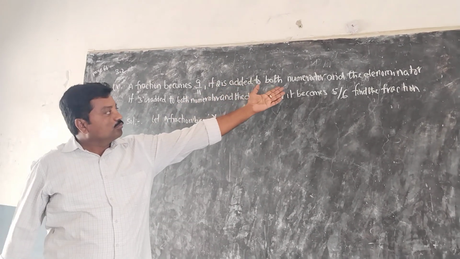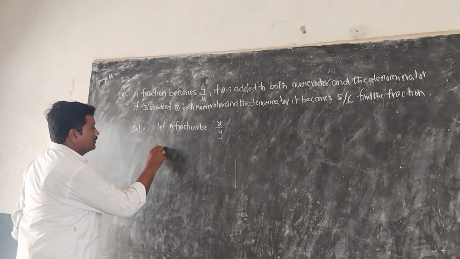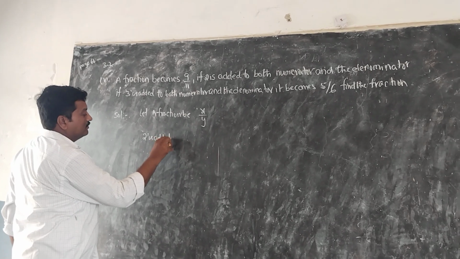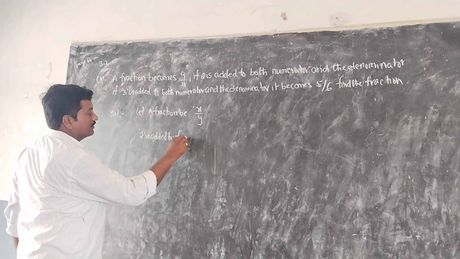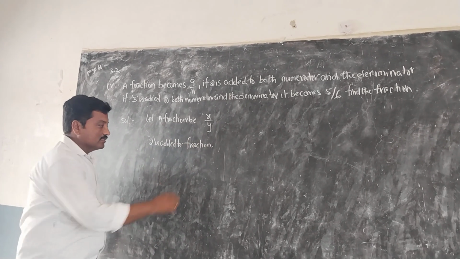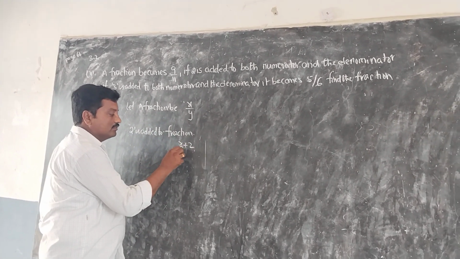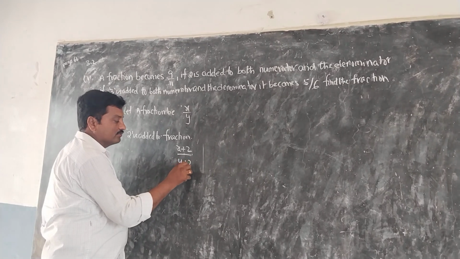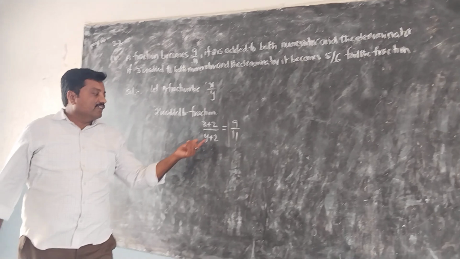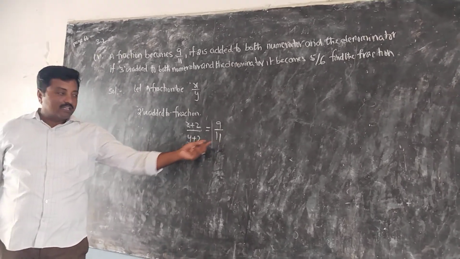If 2 is added to both numerator and denominator, we get x plus 2 by y plus 2, and it becomes 9 by 11. So x plus 2 by y plus 2 is equal to 9 by 11.